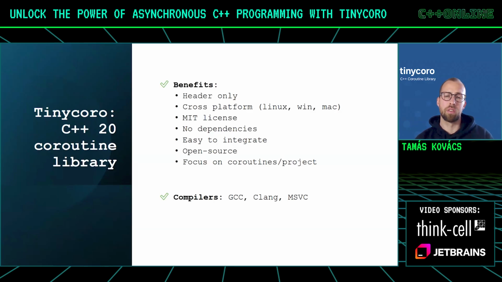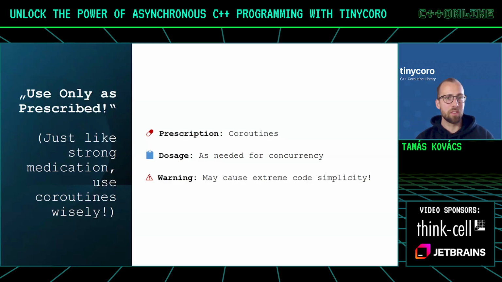We have around 1,000 unit tests, so it's heavily tested also. And yeah, basically that's it. So use only as prescribed, just like medication. Use coroutines wisely, please, and have fun with them.